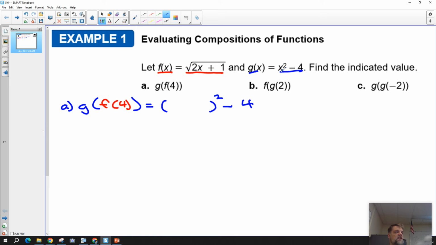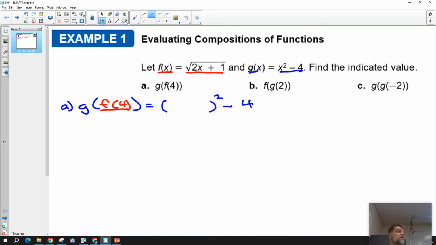So if you look at g, and I really want you to process this, it's x squared minus 4. Right? Does that make sense? So what do you think I'm going to plug in right here in these sets of parentheses? F.